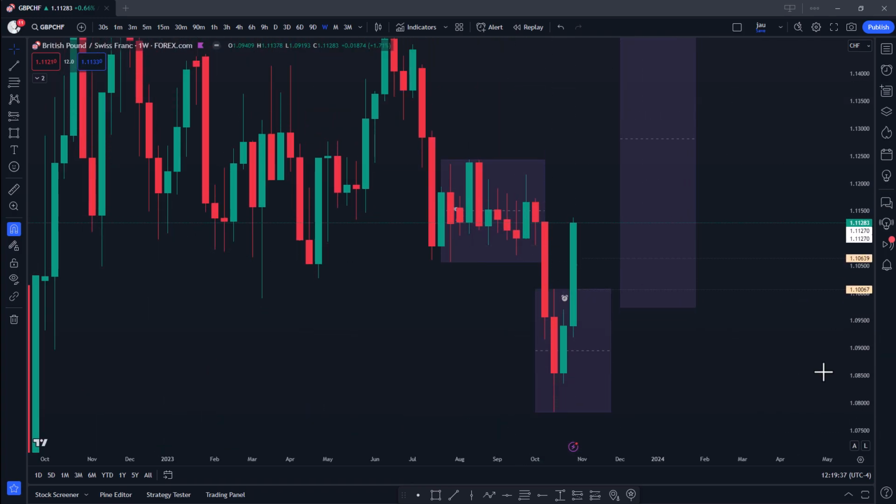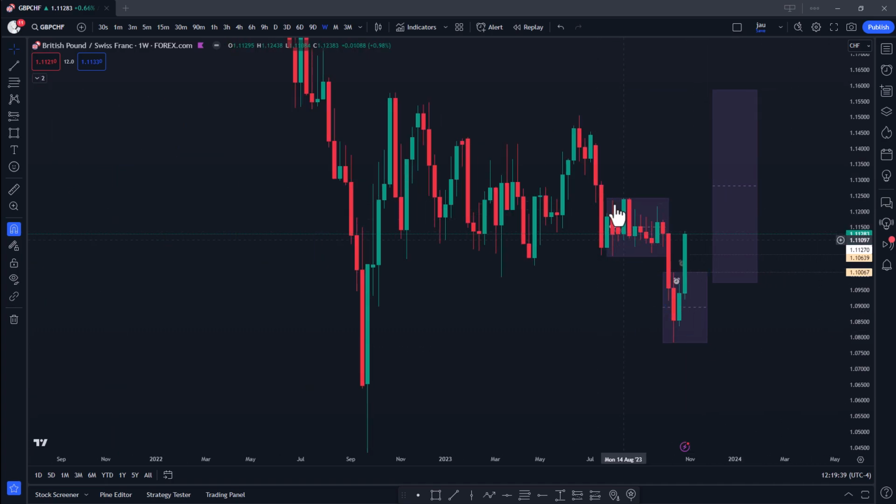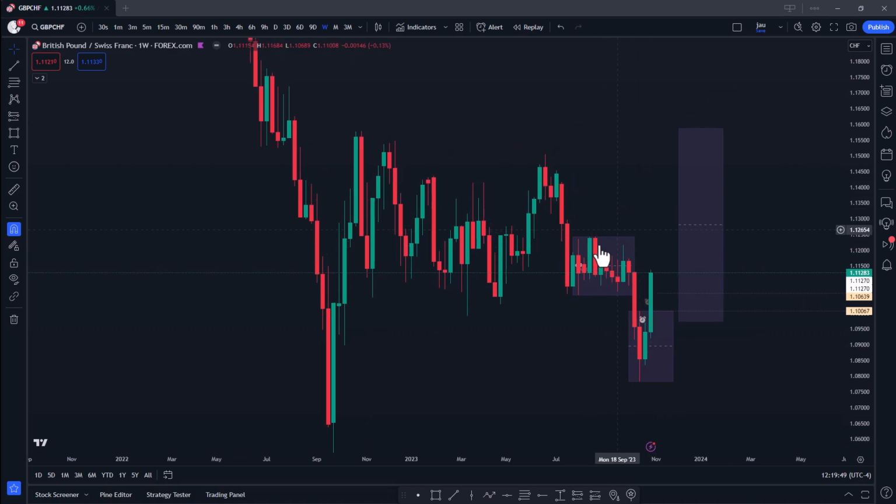But I was seeing a power of 3 essentially. I see an accumulation there, and then I see a quick Judas swing to the opposite direction, and I'm expecting price to continue higher, right? But primarily initially to these equal highs here from the consolidation, and then of course we'll see if we can target these buy side liquidities up there.